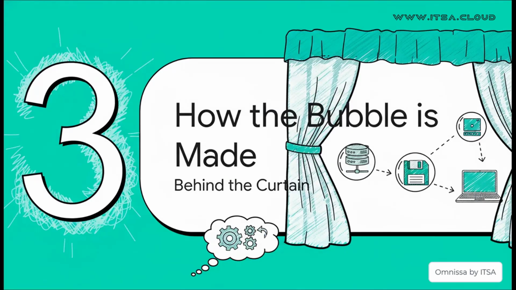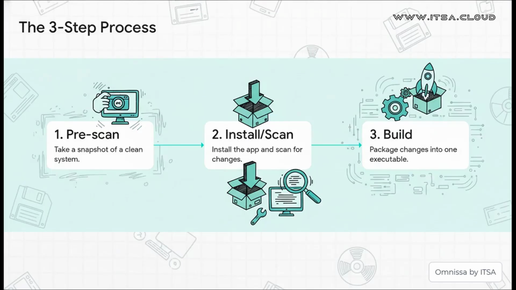So how is this magic bubble actually created? You'd think it has to be incredibly complicated, but the process is, honestly, beautifully simple. Let's take a quick peek behind the curtain and see how it works. It's really just a simple three-step process. First, the pre-scan takes a snapshot of a clean system before you've done anything.